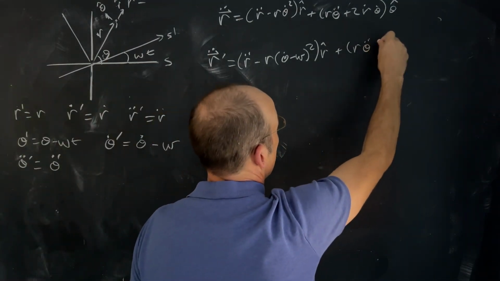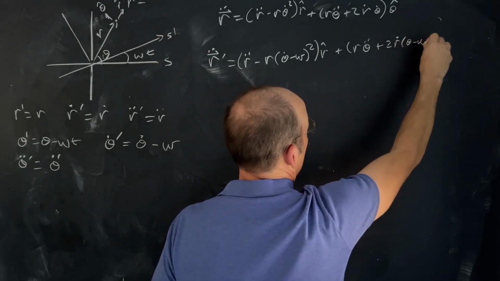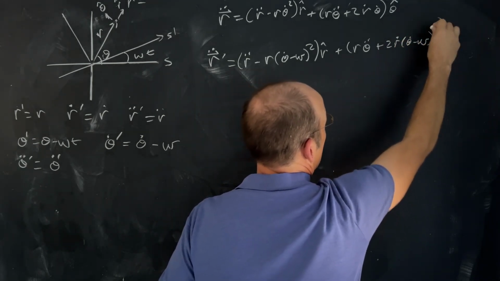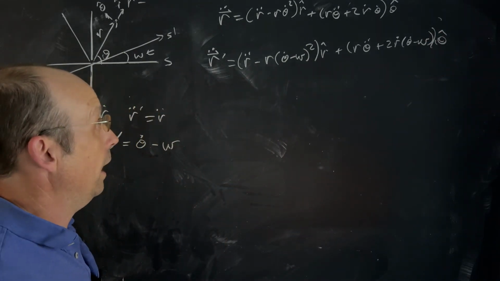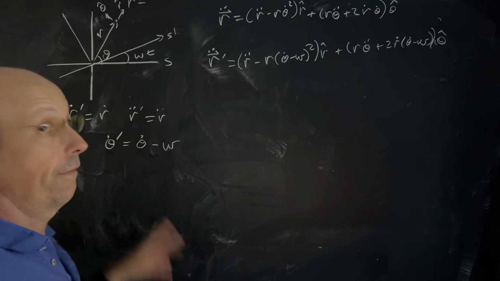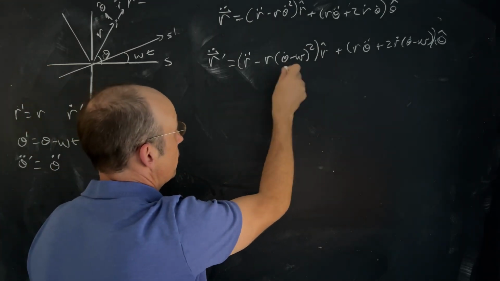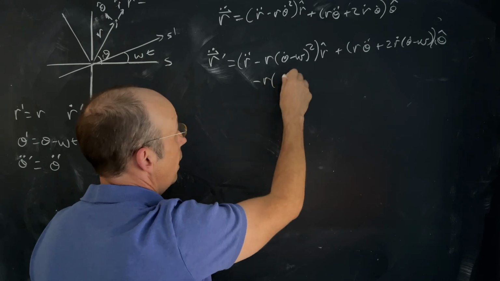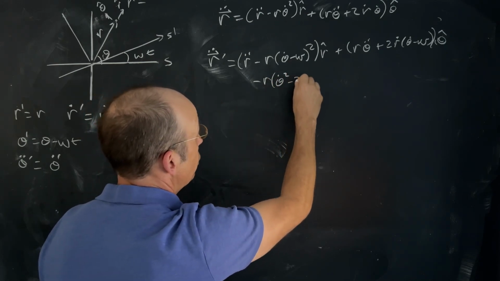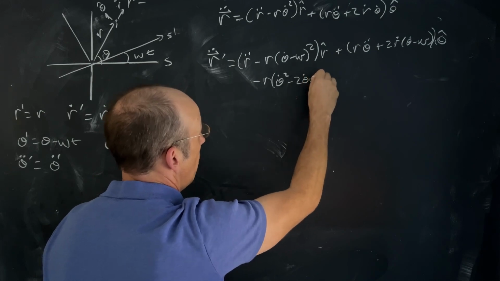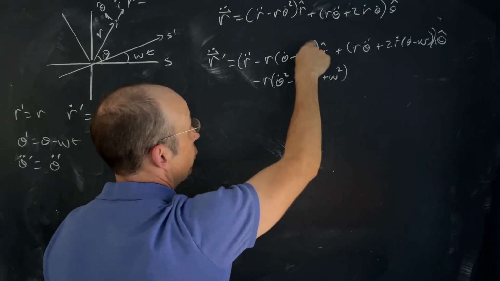Theta double dot plus 2 r dot, theta dot minus omega, theta hat. Okay, let's just start mixing things up. I'm going to write part of it, negative r times theta dot squared minus 2 theta dot omega plus omega squared. That's this whole thing right there.